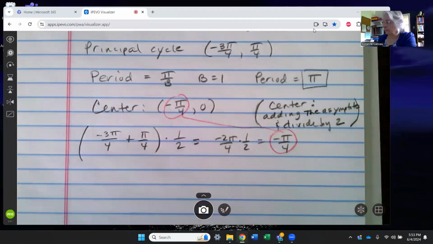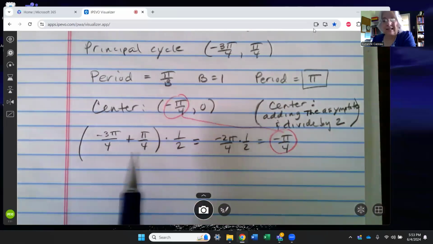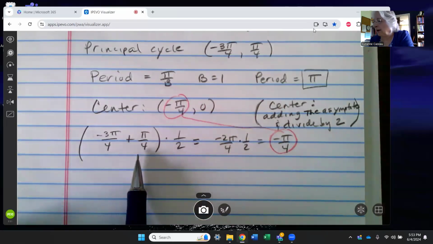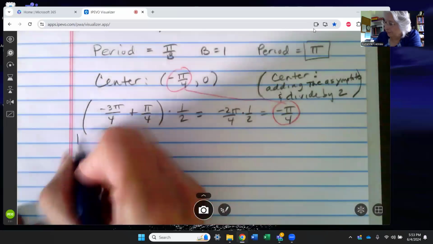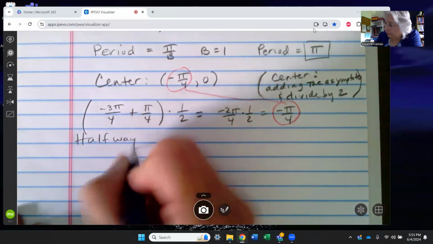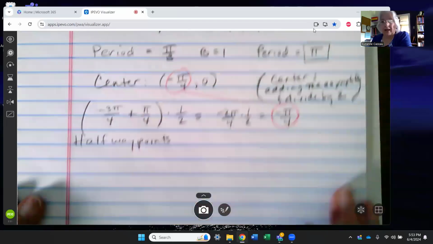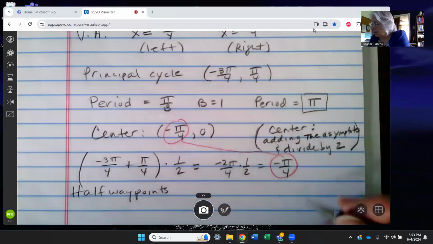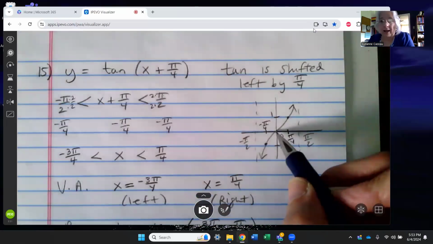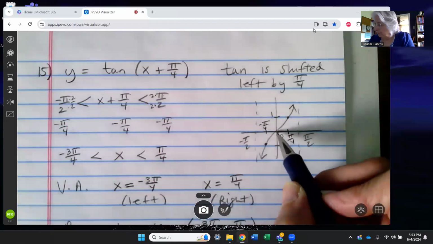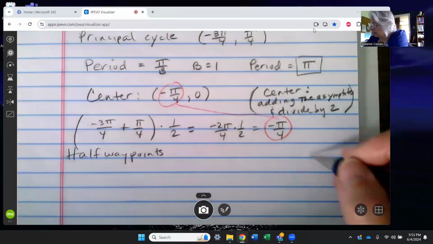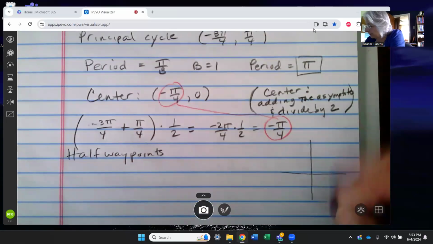Okay, same thing. So you can find it that way. As a matter of fact, this is the exact way that we're going to find the halfway points. Because what you're doing is you're finding the point that's halfway between where the 0 is and where the asymptote is. So you know that your function looks something like this now.